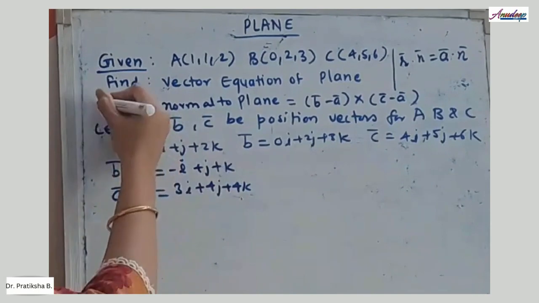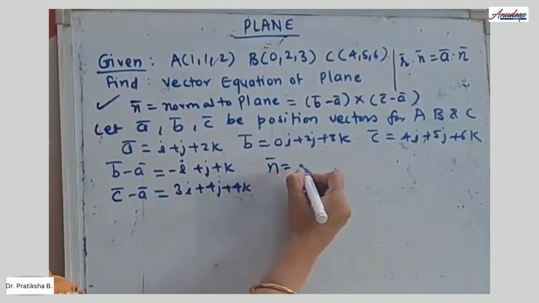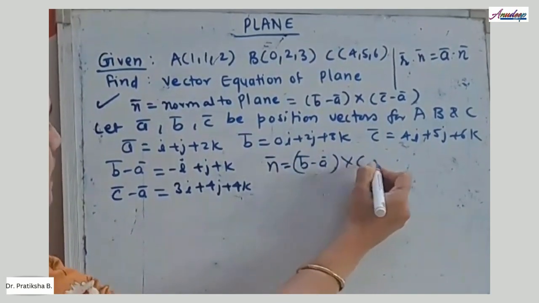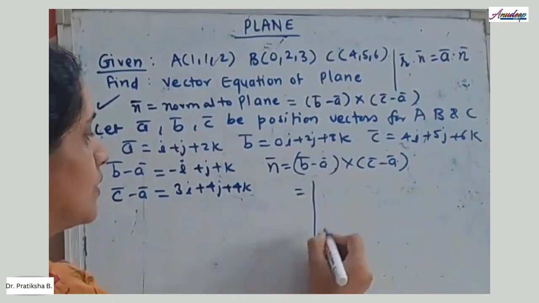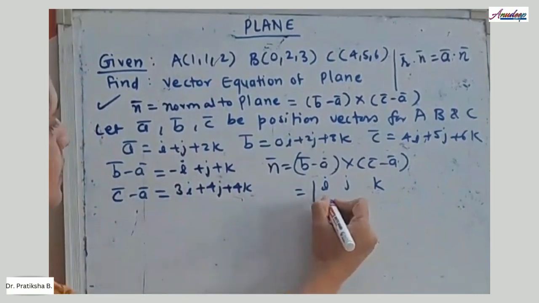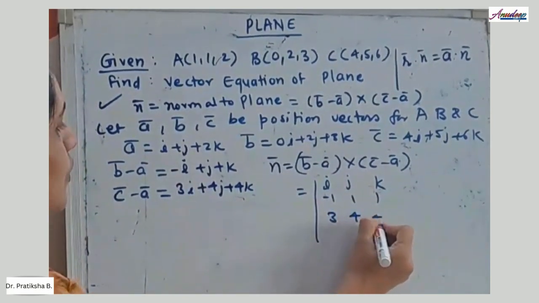Now let us evaluate the normal. Here n vector is equal to (b minus a) cross (c minus a), which will be equal to the determinant with rows i, j, k; minus 1, 1, 1; 3, 4, 4.